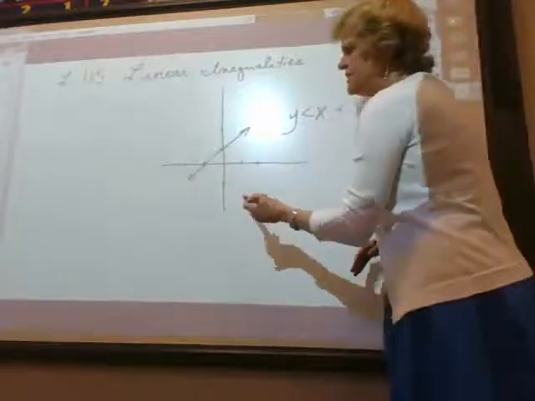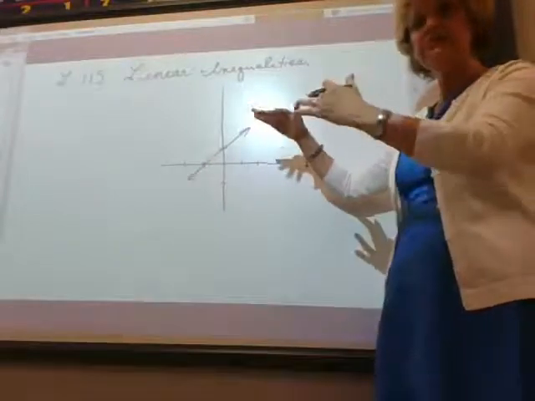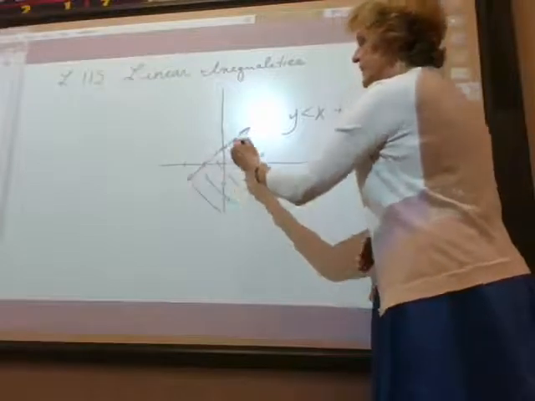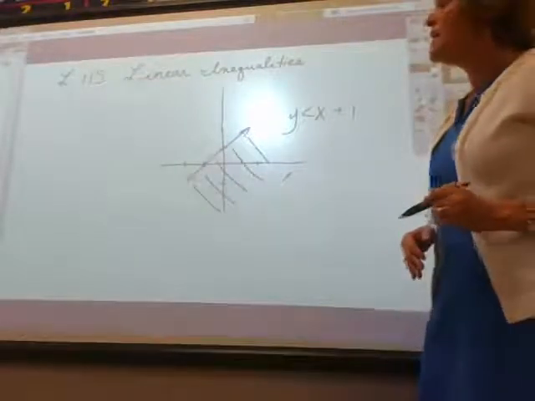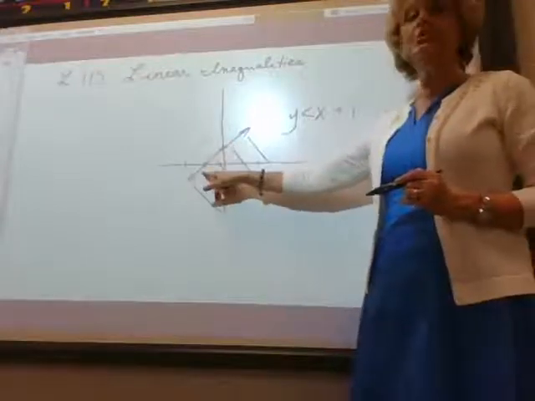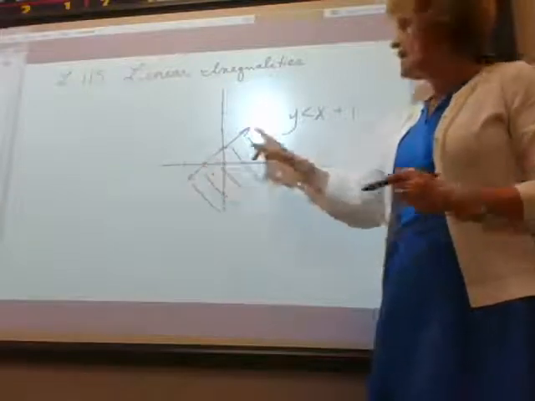And so you're not doing the exact line, but you're either going to shade above it if it's greater, or shade below if it's less, all right? So you'll do something like that, okay? Now, because it's less than, I don't want to include this line. So what I'm going to do is make this dashed.